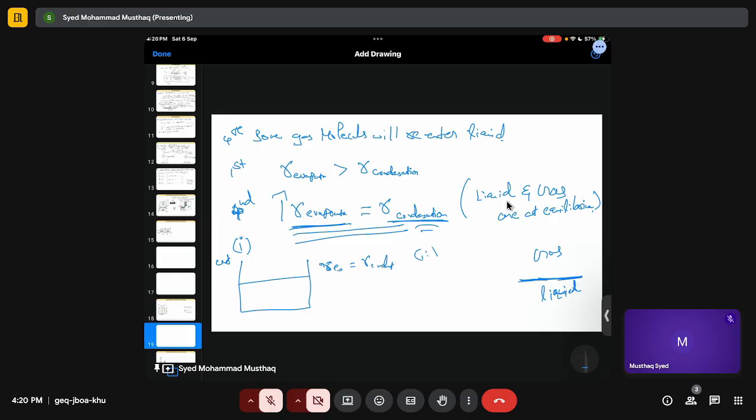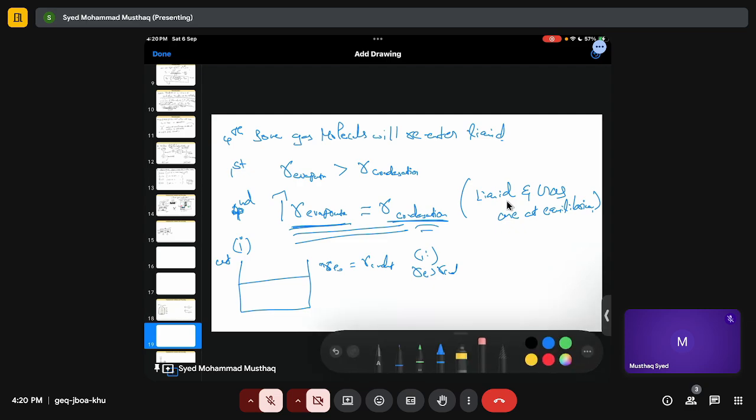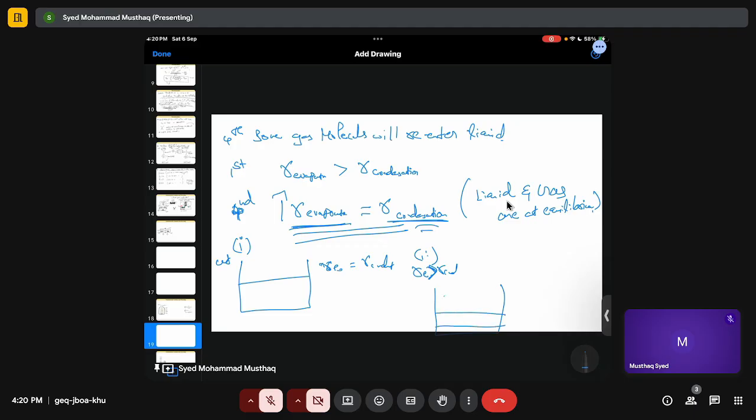At 2, R evaporation is greater than R condensation. Then my liquid will start diminishing, and more and more gas will form.